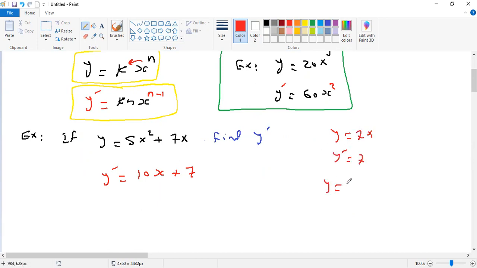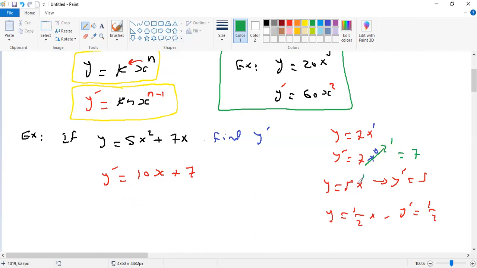So if I have y equal to 5x, for example, y prime is 5. If I say y is equal to half x, then y prime equals half. Why? Because the derivative of x is 1. For 7x, 1 times 7 is 7, and then you have x to the power 1 minus 1, which is 0, and x to the power 0 is 1, so the answer is 7.